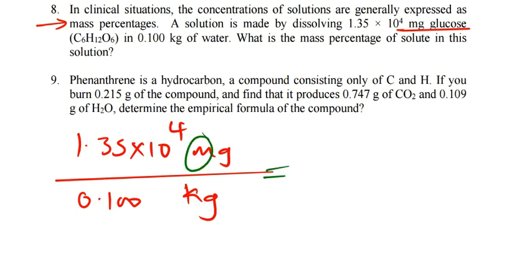Milli is 10^-3, so 1.35 × 10^4 times 10^-3 grams.